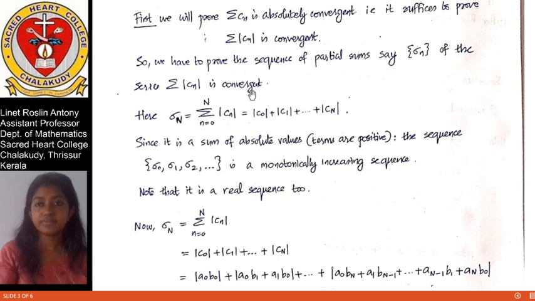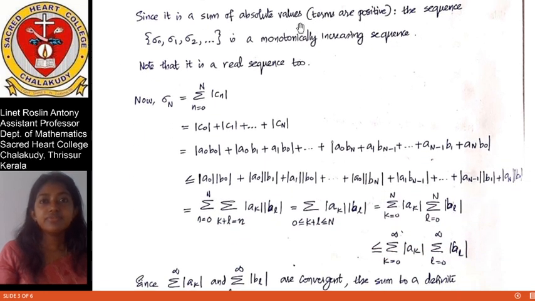Here for sigma n, we are just replacing the small n with the capital N for our ease. Sigma capital N is equal to summation n is equal to 0 to N modulus of Cn, which is equal to modulus of C0 plus etc. plus modulus of CN.